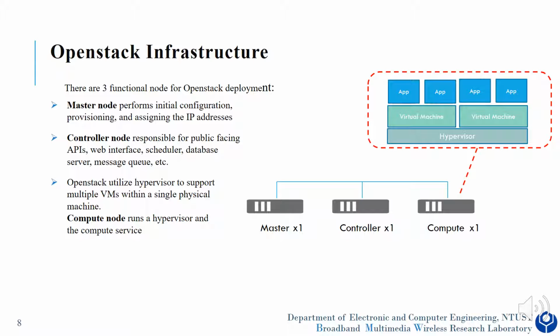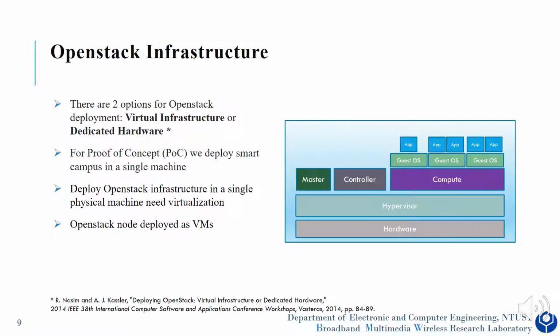In this configuration, we use one master, one control, and one compute node. OpenStack offers two options for deployment: virtual infrastructure or dedicated hardware. For the proof of concept, we use deployment in a single machine at this stage to demonstrate that the SmartCampus service is feasible to deploy in the cloud platform.